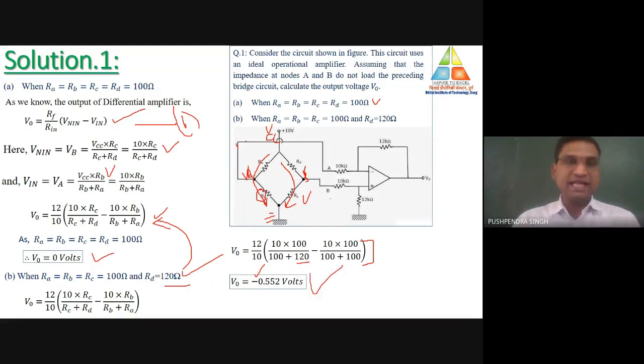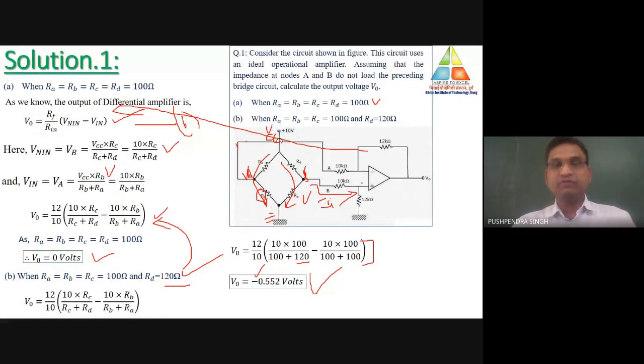So easily you can calculate the value of output. Only you need to remember the value of output of the differential amplifier. So here keep in mind this is the output of the differential amplifier. Now just care about that this is the input terminal of operational amplifier, so the value of current in this particular path will be 0. So all the current will flow in these resistances only.